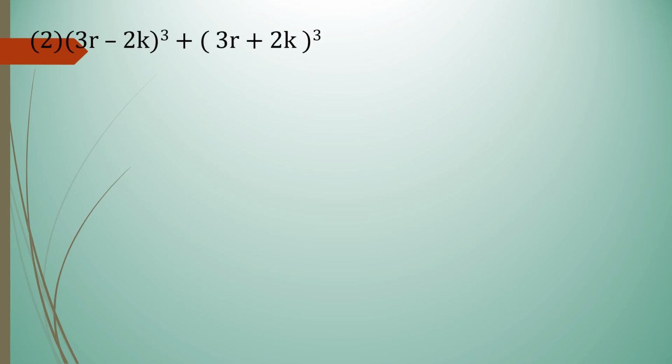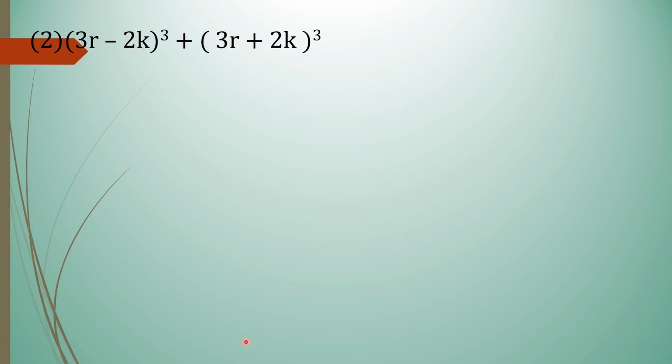Now moving to second sum. Your concept will become more clear if you keep on doing. Now, what is given, student? First, that is in bracket, that is 3r minus 2k the whole cube plus 3r plus 2k the whole cube. Here also one term is with a plus b and one is with a minus b.